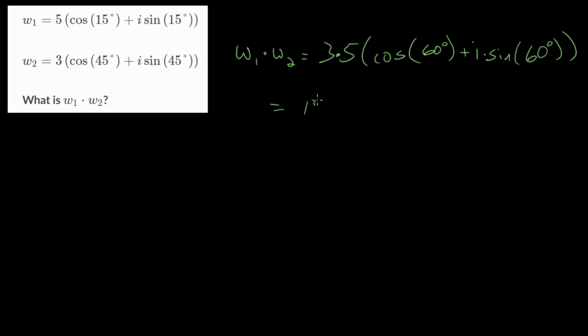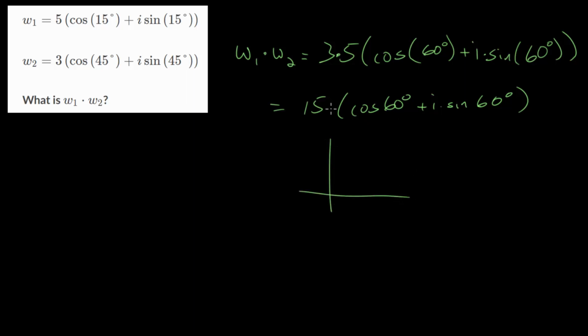And simplifying, we would have 15 multiplied by the cosine of 60 plus i times the sine of 60. And when we interpret this new complex number, it has a magnitude of 15. Its distance from the origin is 15. And it's at an angle of 60 degrees relative to that positive real number axis.